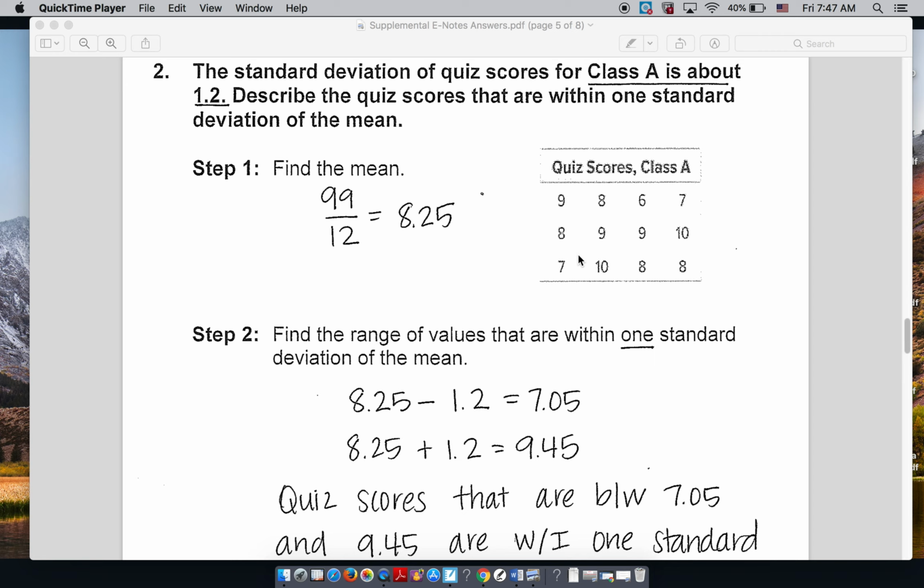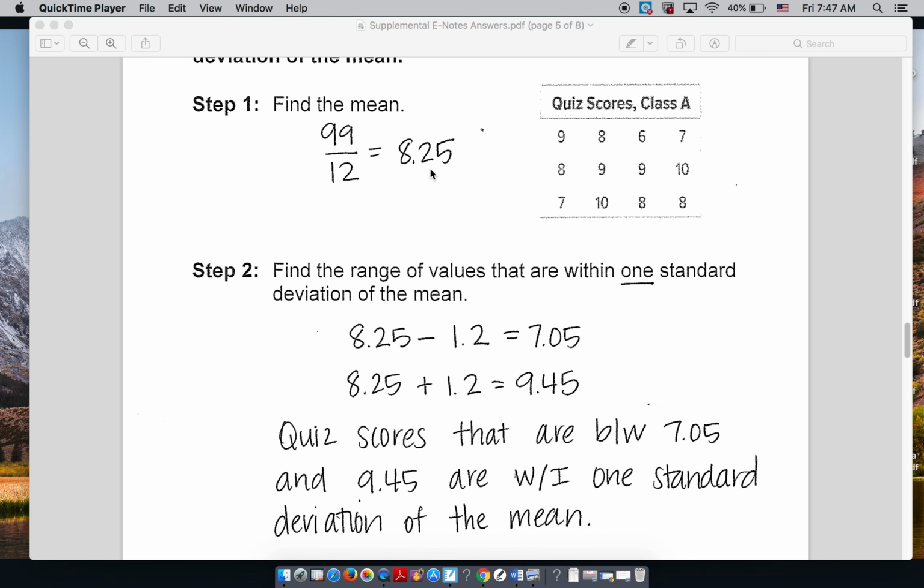So I'm going to recognize that the standard deviation is 1.2, and I'm going to take my mean, that's 8.25, and I am going to subtract 1.2, and then add 1.2 to get my range. This gives me a range of within 1 standard deviation of the mean.